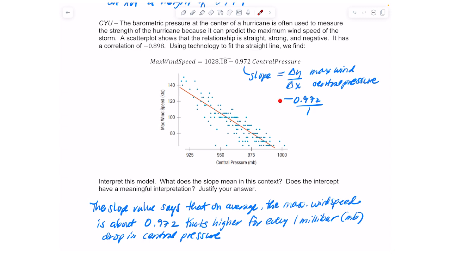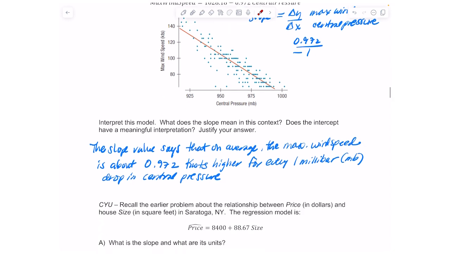And the negative just represents a decrease. So if I want, I can take that negative and move it down here. It doesn't matter, right? The fraction is still negative. This is just showing me here that the maximum wind speed is 0.972 knots higher for every 1 millibar decrease in central pressure. Okay, that makes more sense.